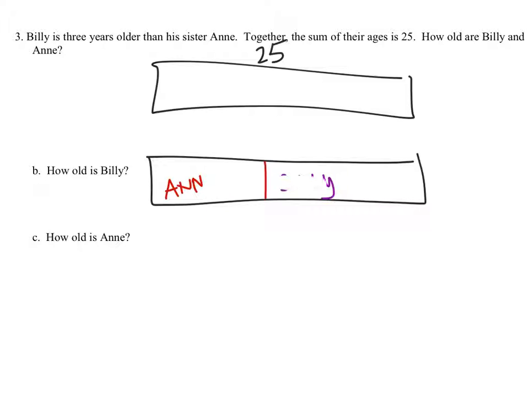But we know Billy is the same as Ann, but in addition to that, he's got another 3 years on that thing. So we can chop 3 years off of this one, which leaves us with 22 other years right here.